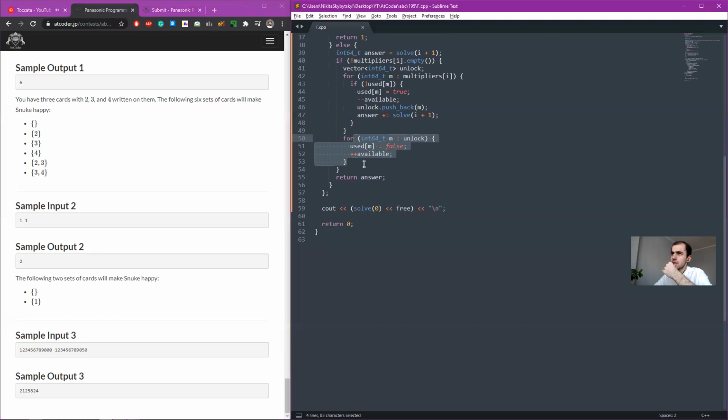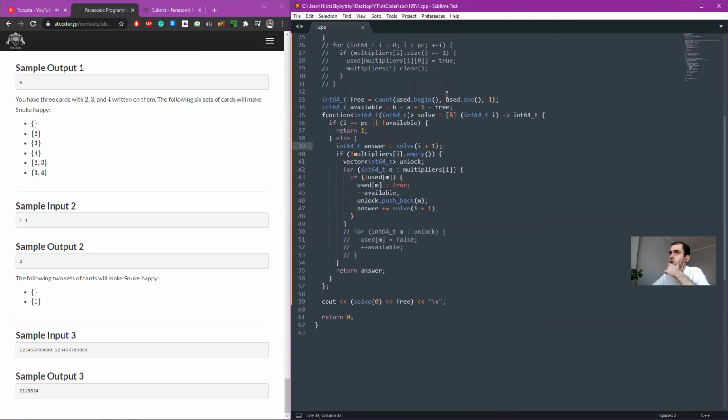Oh, this is not good. Why do we unlock actually? Unlock corresponds to not doing anything. We're just going to this branch. We should be able to go there.